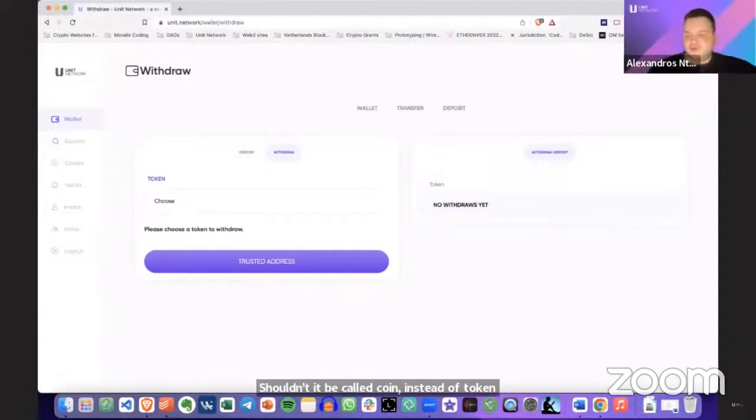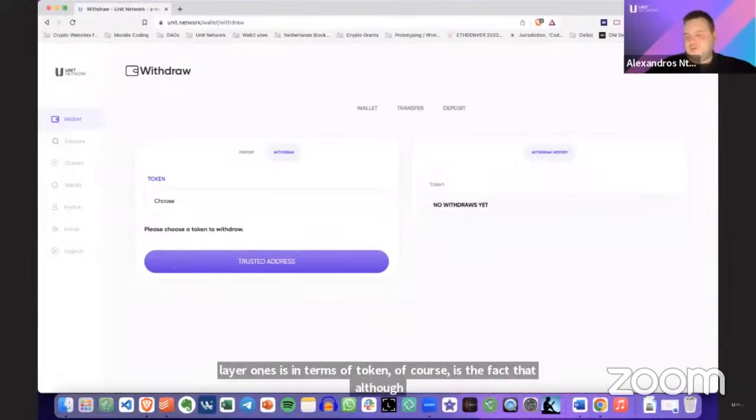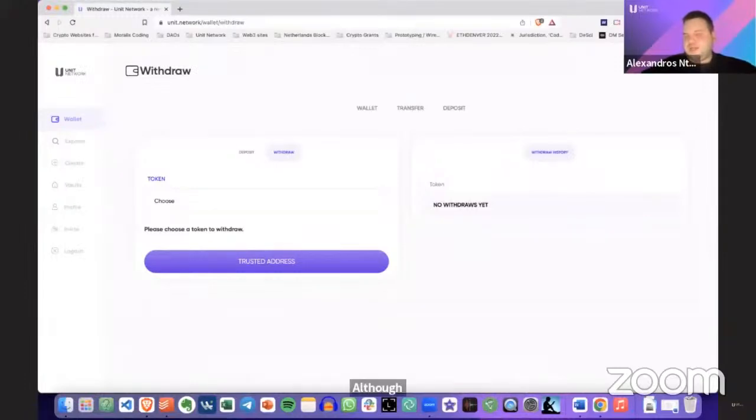Normally, when you have a layer one blockchain, like Bitcoin, like Ethereum, you call them currencies, right? The difference between Unit and these layer ones, in terms of token, is that although Unit is a layer one, it is built on Polkadot, which is basically a layer zero, right? So you can call it token.